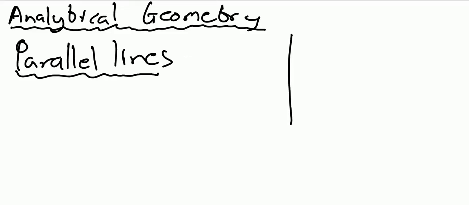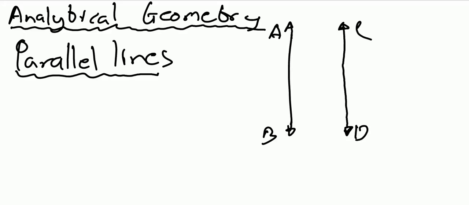For example, if we have a line here, don't mind this line, just act as if it's straight. If these two lines are straight and this is AB, this is CD, we are saying AB is parallel to CD. Remember, they've taught you that we show that lines are parallel using these arrows.